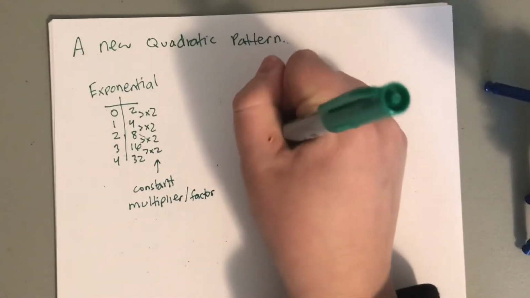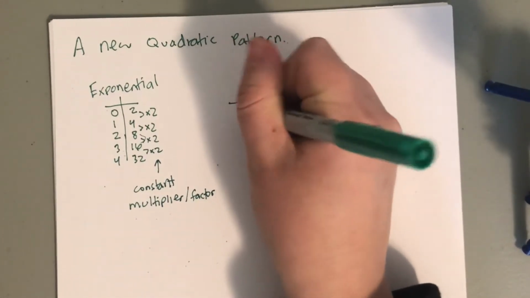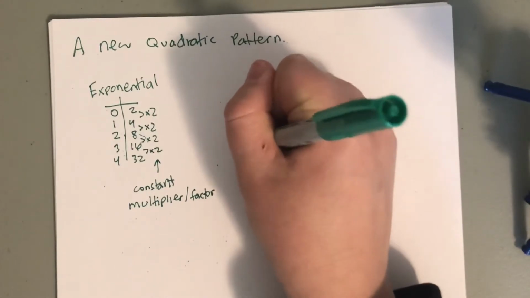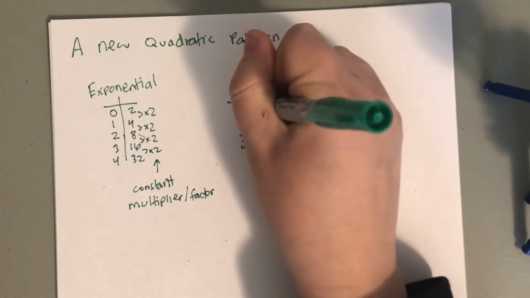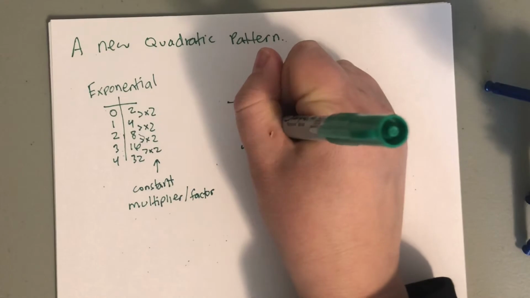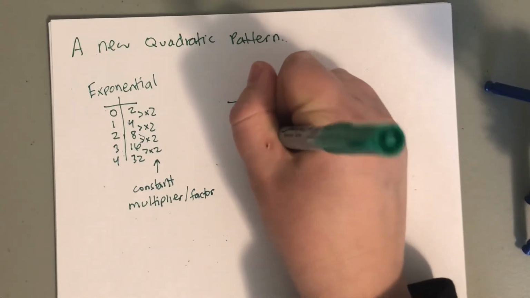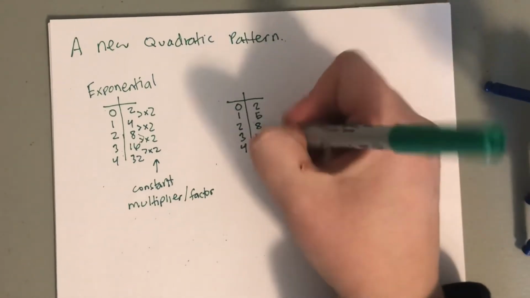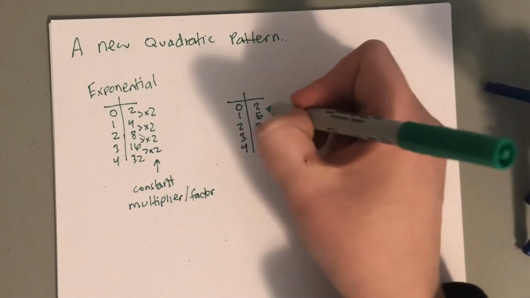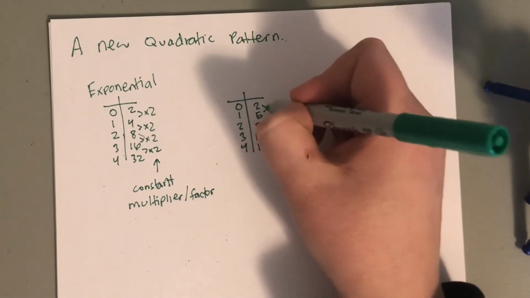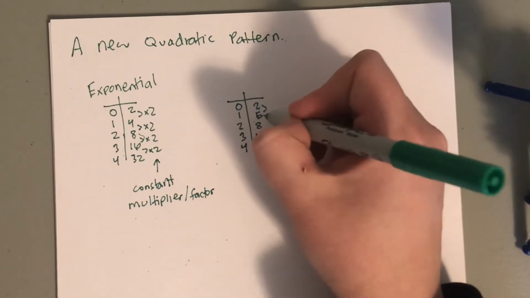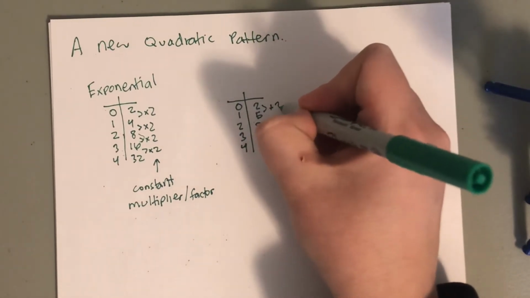We also know of a different kind of pattern that functions can have. Let's say that this goes like this. And in this one, there's not a constant multiplier, but there is a constant difference or a constant change. To get from 2 to 5, you would add 3.